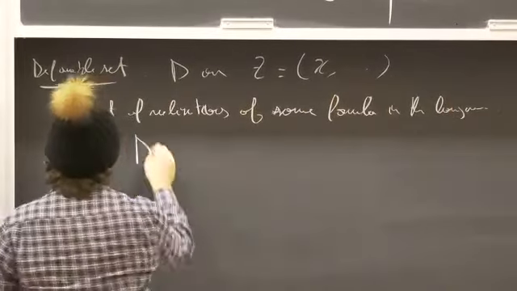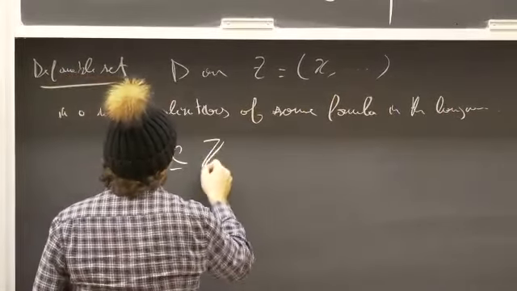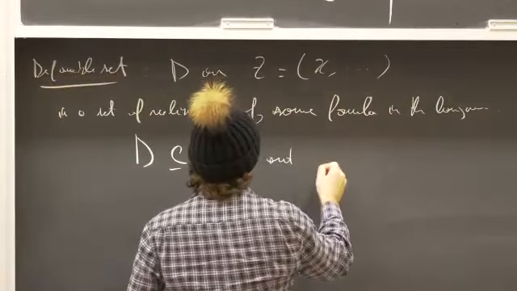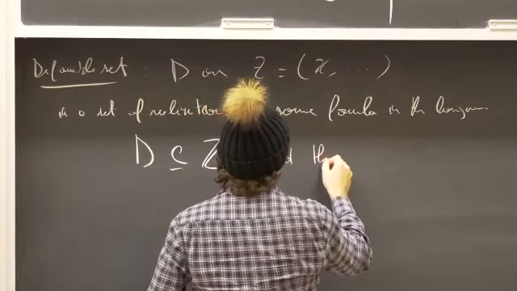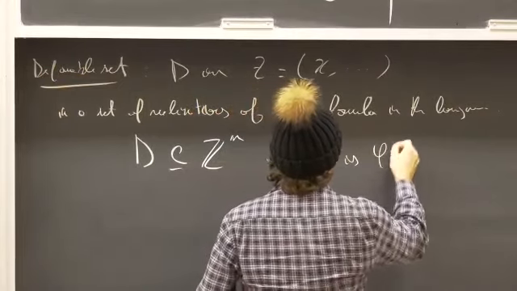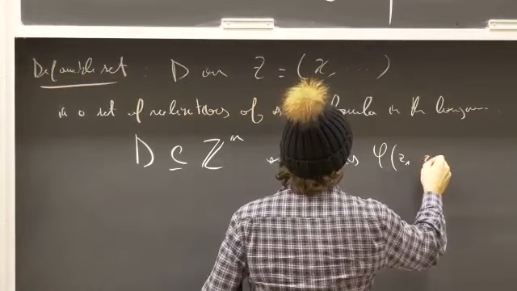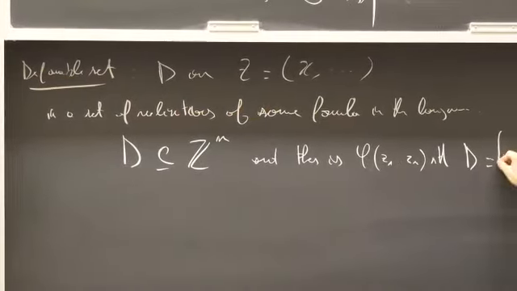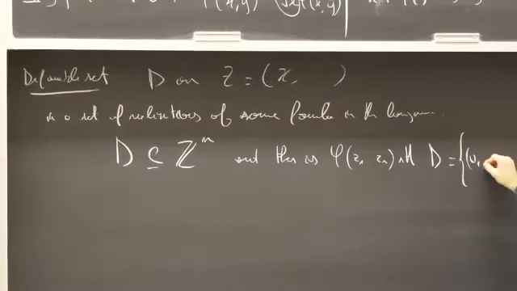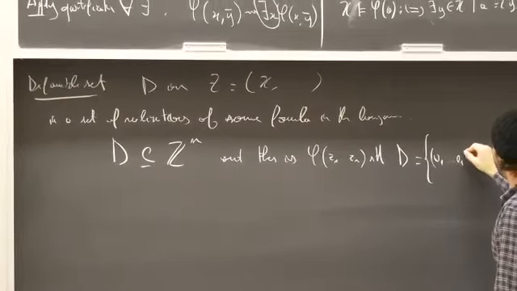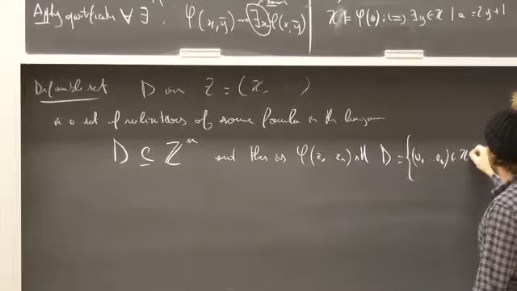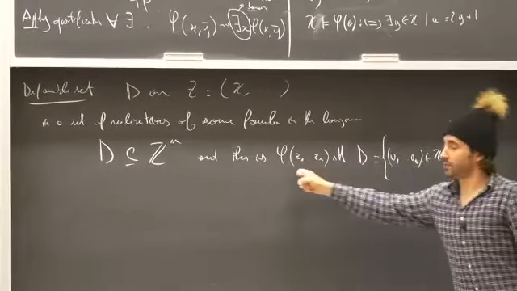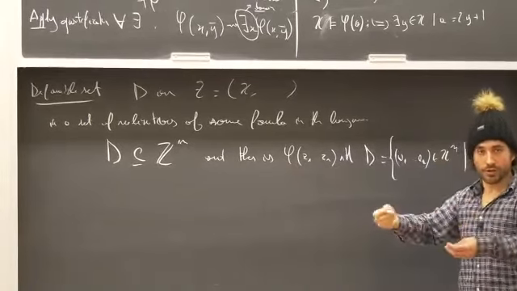So D is a subset of some Cartesian power of Z, and there is a formula phi of Z1, ..., Zn, such that D is the set of tuples A1, ..., An in Z^n such that A1, ..., An satisfies this formula in the structure Z.